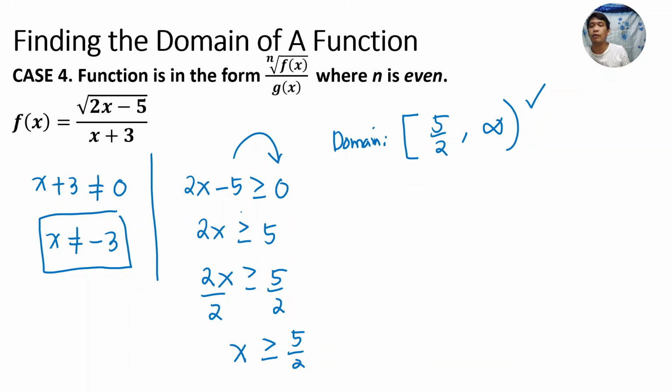So, kumbaga, kung ito yung number line, ito yung negative 3, all ay pwede. Lahat ay pwede except ito. So, maglalagay ako dyan ng whole. Tapos, meron ako ritong 5 halves. Which is, dapat, lahat ng nasa kaliwa nito ay hindi na pwede. So, tatanggalin ko na lahat yan.